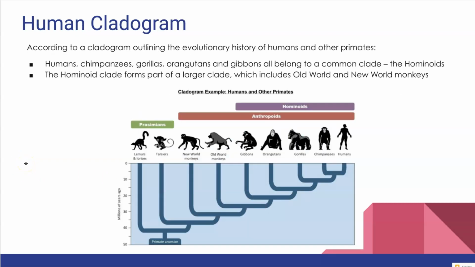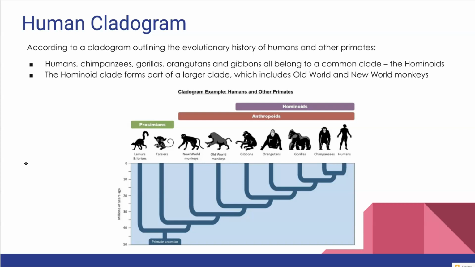I also wanted to show you a human cladogram. Okay? So it kind of outlines the evolutionary history of humans as well as other primates. And remember what I said, you did not come from a monkey, you are just a close relative of a monkey. Okay? So humans, chimpanzees, gorillas, orangutans, gibbons all belong to a common clade called hominoids.